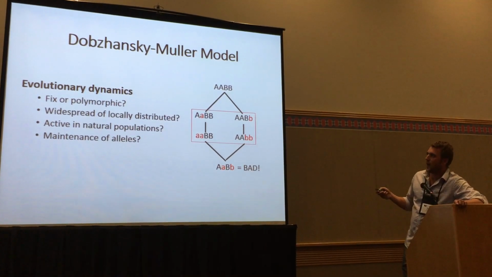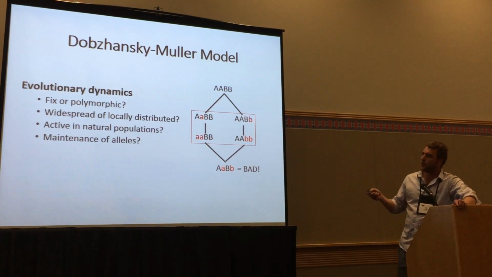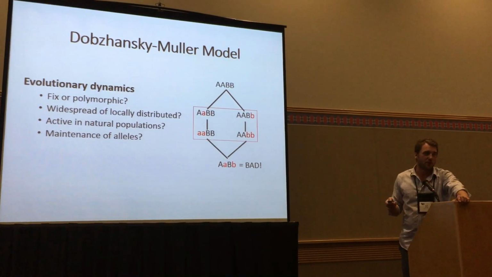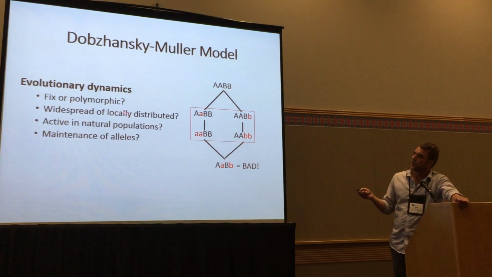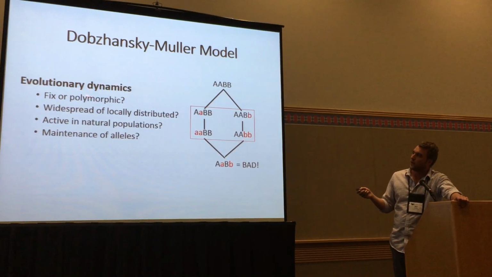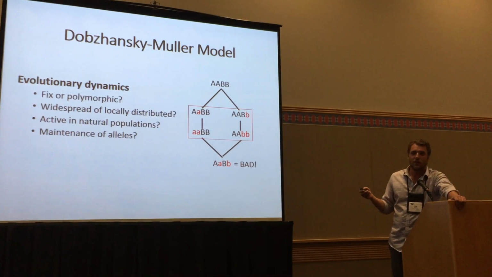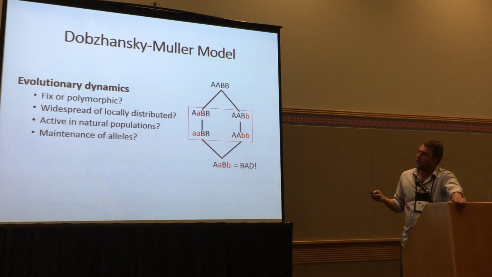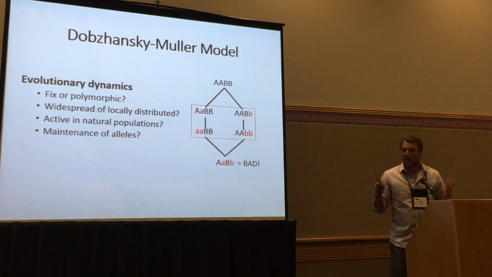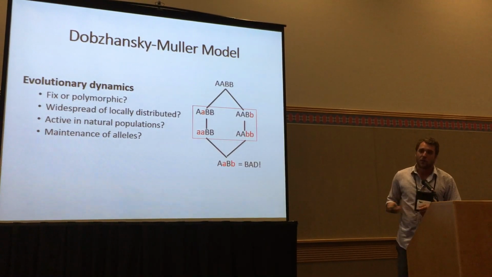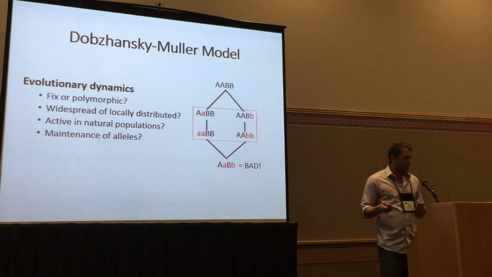We can ascertain some of this information by looking at allele frequencies in populations. We can answer really basic questions. Are incompatibility alleles fixed or polymorphic? What's their distribution? Do they actually occur? Are they expressed in nature? And how are they maintained when you have gene flow?